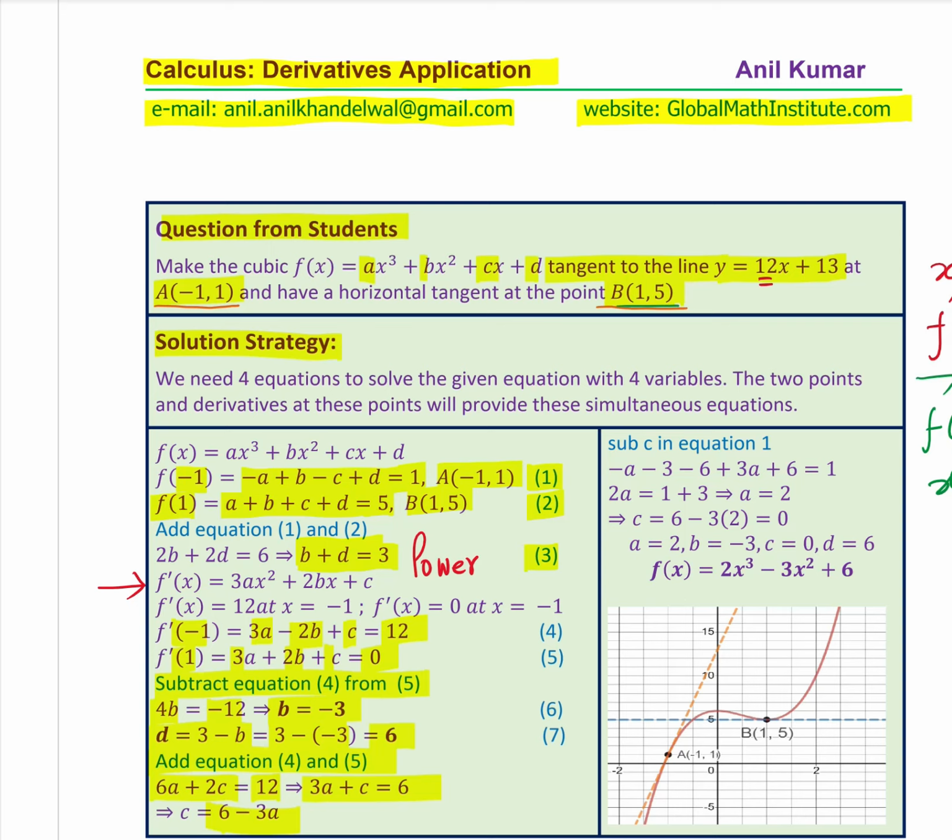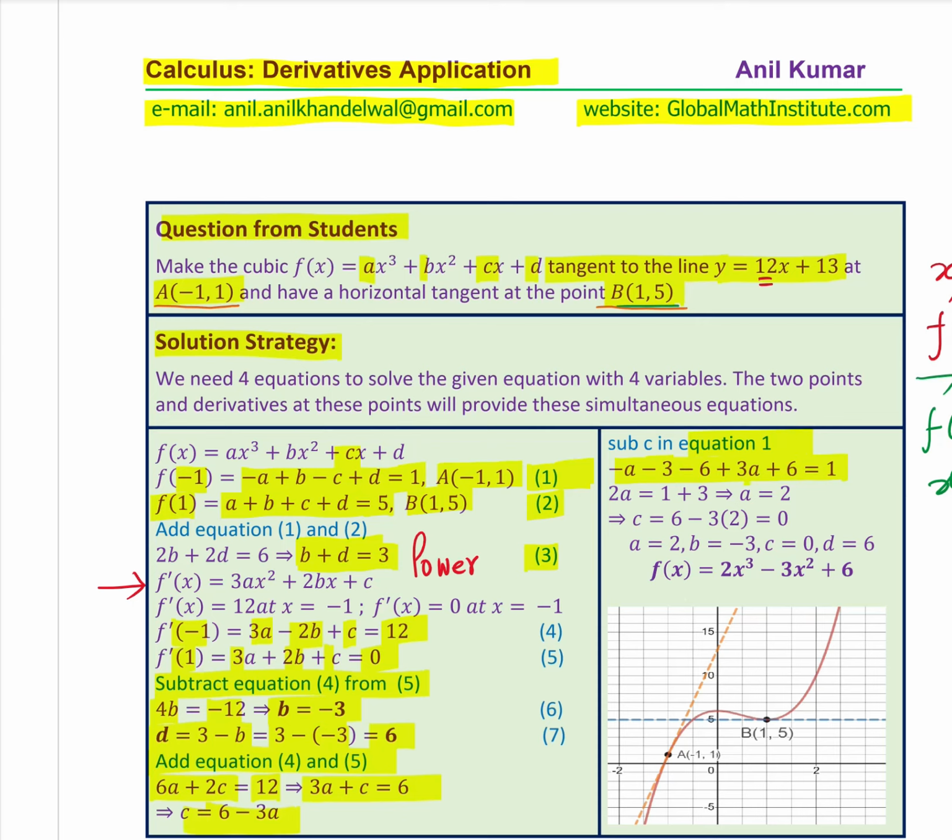So we know c in terms of a. Now we know b and d, and we know c in terms of a. Substituting these values in any one of our equations, we selected equation number 1, the very first one. We substituted the value of a. B we substituted as known to us, which is minus 3, and the value of c we substituted by 6 minus 3a.